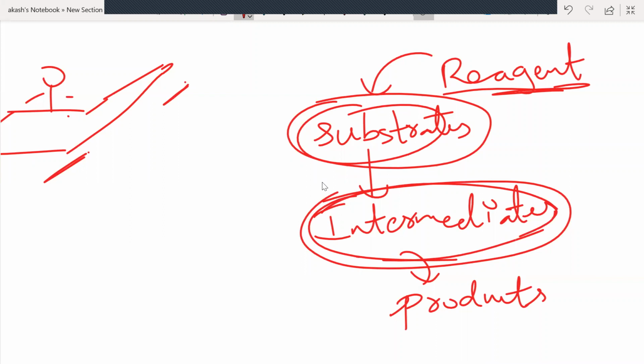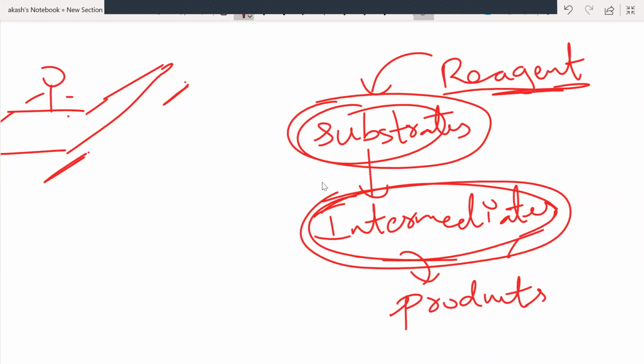What can be the intermediates? What can be formed in between the reaction? You just see reactants and products, but you don't see what exactly is happening inside the reaction. One of the things formed inside is what is called the intermediates.